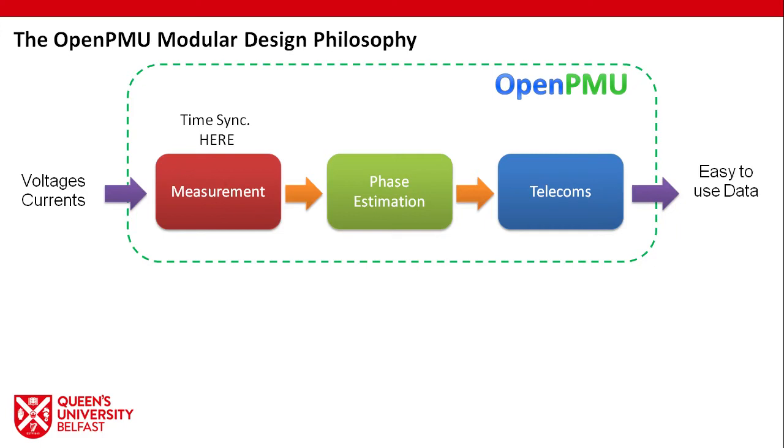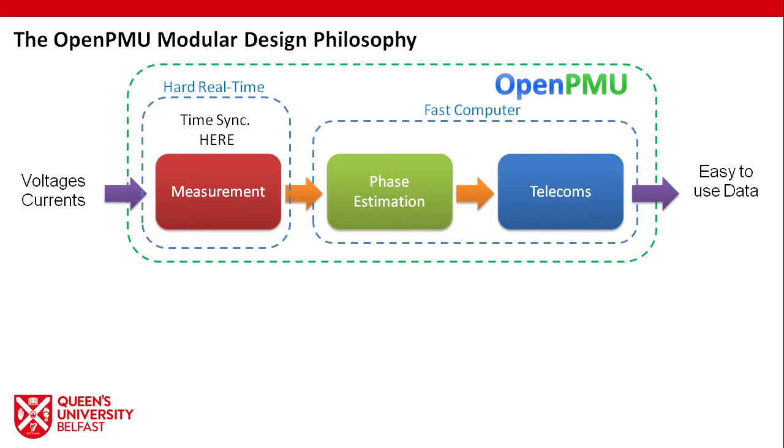It does not necessarily involve any skills related to hardware. And telecommunications is an area requiring detailed knowledge of protocols, standards, cybersecurity, and network theory. By keeping OpenPMU's modules separate, we allow experts on each particular area to focus their energies on creating the best possible solution for that task.